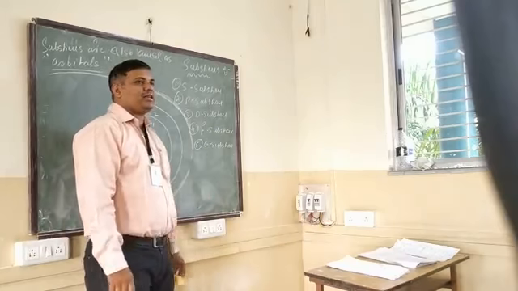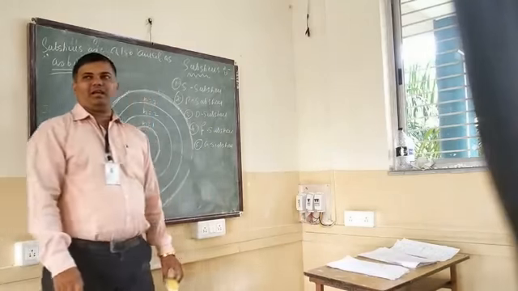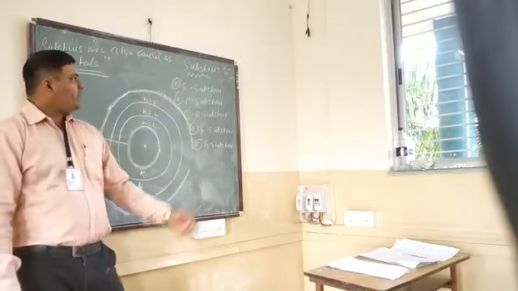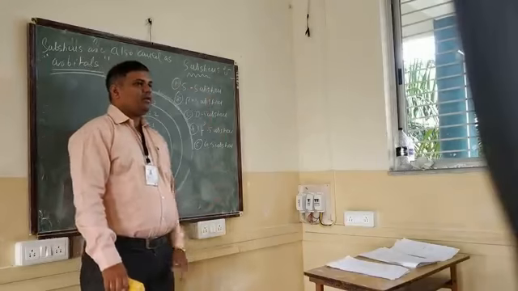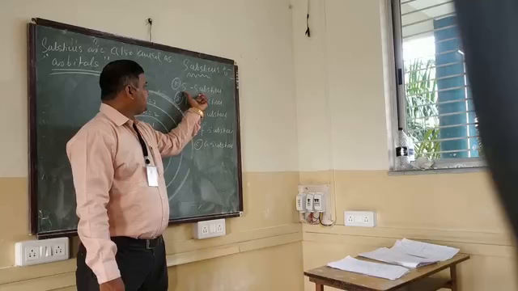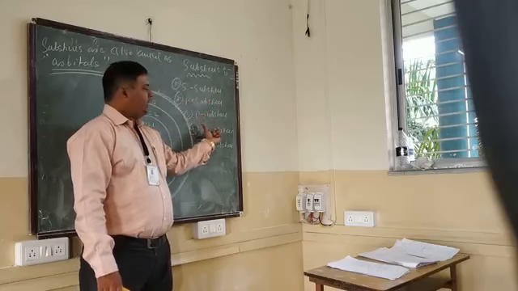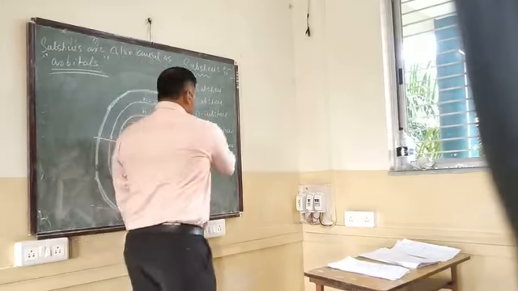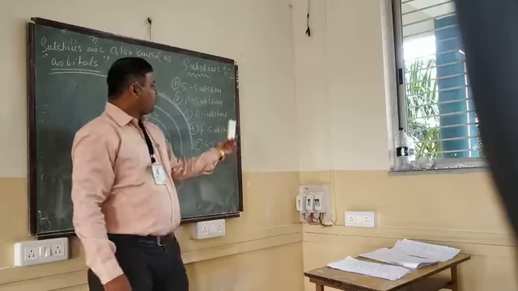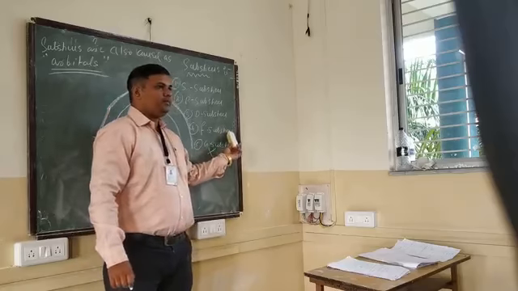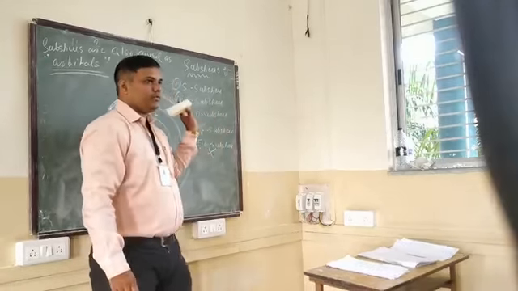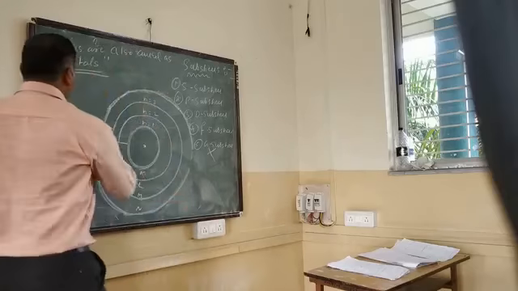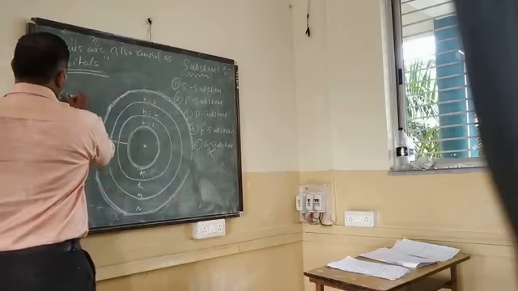How many number of shells are there? 4 shells are there. K, L, M, N. How many number of subshells are present? 5 subshells are there. S, P, D, F, and G subshell. Okay. We rarely use a G subshell, but at least up to F subshell we use it for the particular इलेक्ट्रॉन फिलिंग. ओके, और वो इलेक्ट्रॉन फिलिंग कैसा होता है उसके लिए एक प्रिंसिपल है, that is called the Aufbau principle.